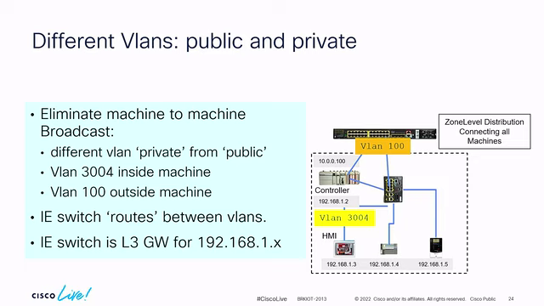Now we're going to change and use VLAN 100, so we have different VLANs between the two. At this point, you really don't even care what the VLAN is inside the machine. You may have to know it for configuration purposes, but it really doesn't matter. We have different VLANs for public and private, and machines 1, 2, and 3 will all be on VLAN 100.